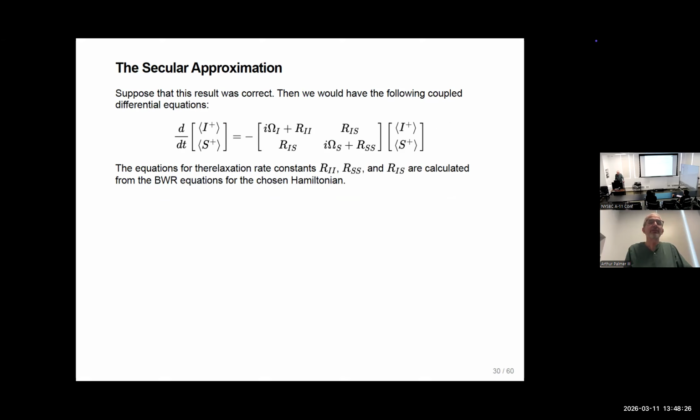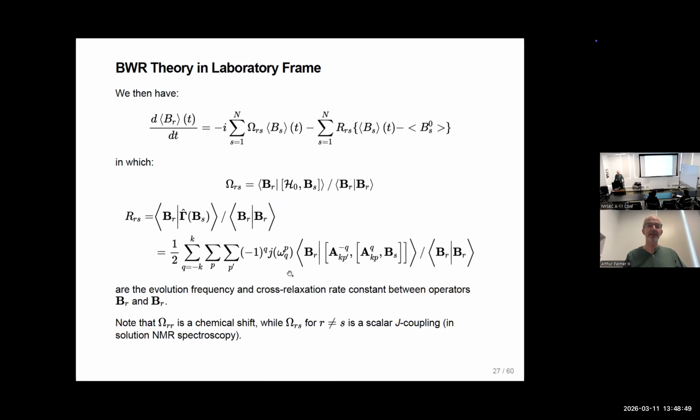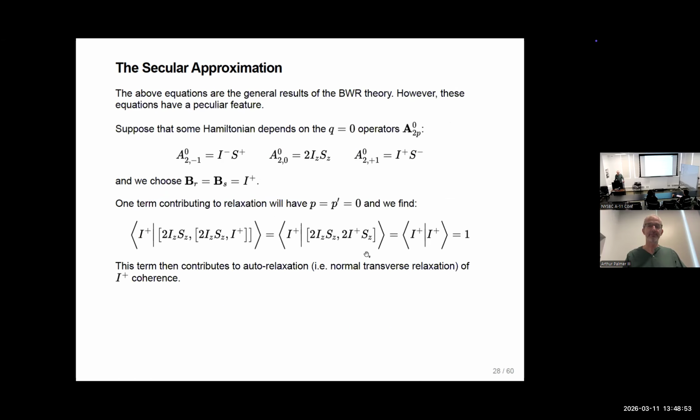Okay, so suppose this was right. If this was right, we would have the chemical shift of the I spin, the chemical shift of the S spin, the R2 of the I spin, the R2 of the S spin, and then this cross relaxation rate that came from this calculation in which we had the different terms there.